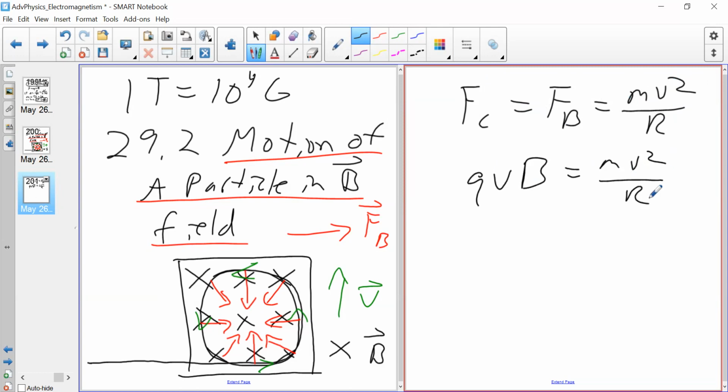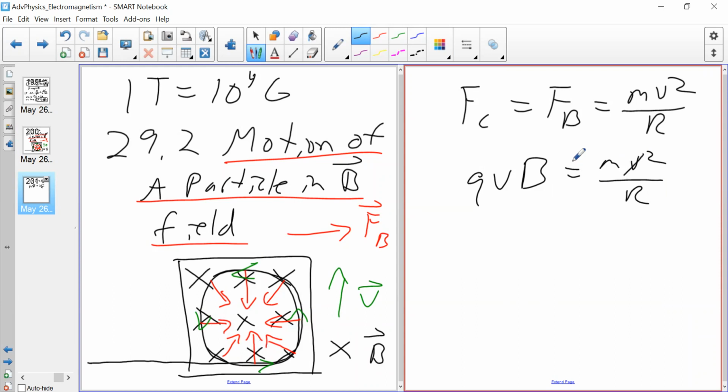And if we want to find something like the cyclotron radius for a particular magnetic field at a particular velocity for a particular particle, like a proton, which is 1.67 times 10 to the minus 27 kilograms. So all those things being constant, how large do I have to build my cyclotron for a particular field, a particular speed, a particular mass? I know the charge of a proton.